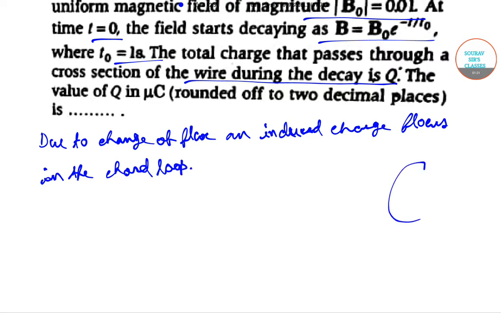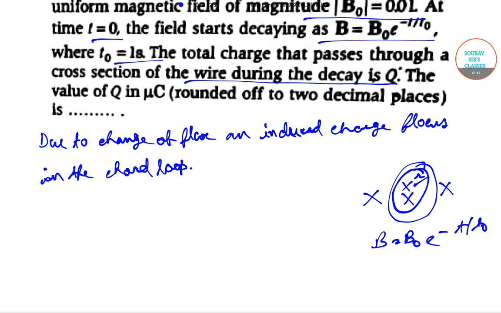Here this is the loop. Consider this is the loop, this is the direction of the magnetic field, and this is the R, and B equals B0 e to the power minus t by t0.